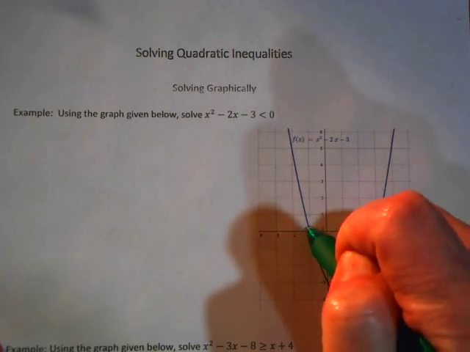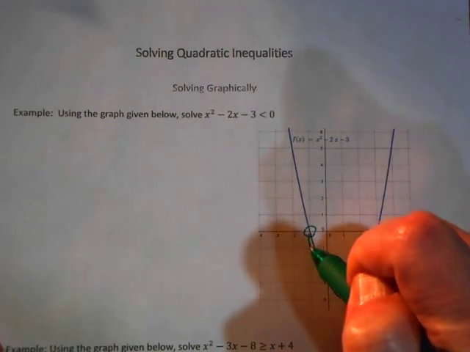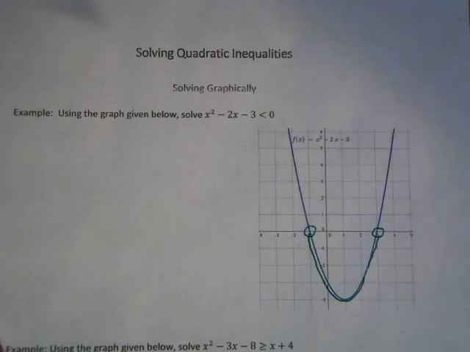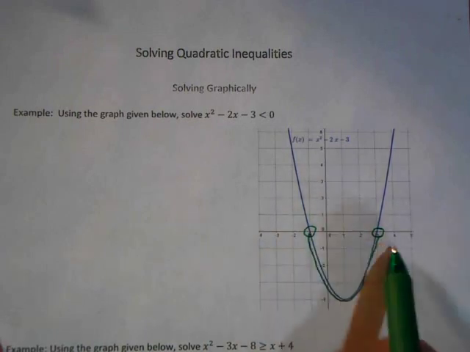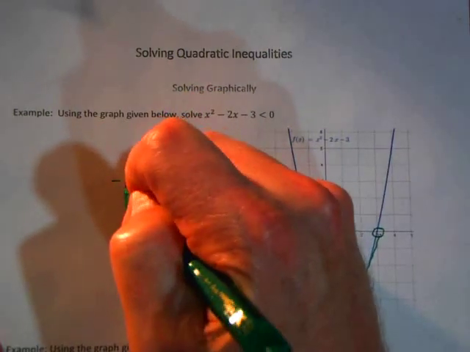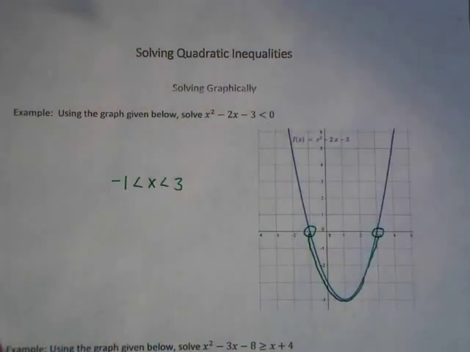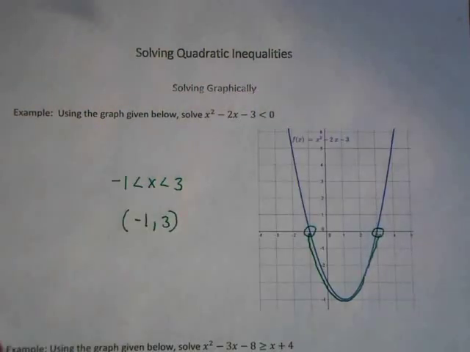Well, it hits the axis right there, and it hits it again right there, and it's below through all that part. So that looks like it starts at -1 and ends at 3. So we would write our answer as that in terms of an inequality, or we could write it in interval notation like that, and we get round brackets because we don't have any equal to's.